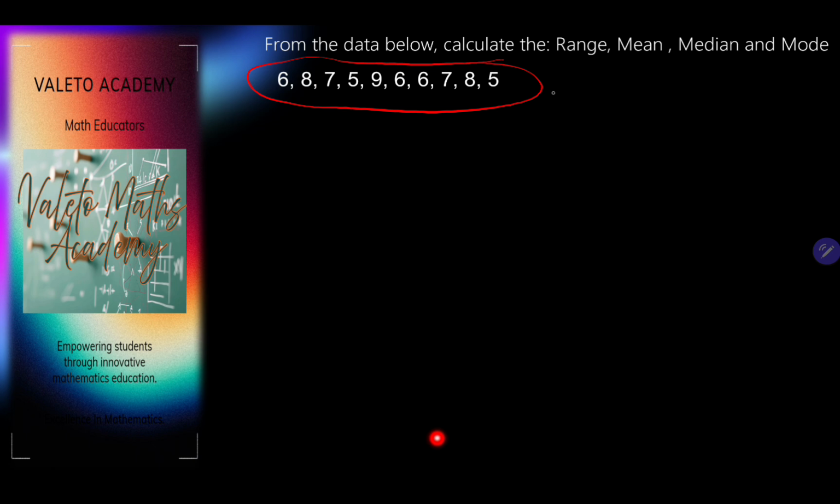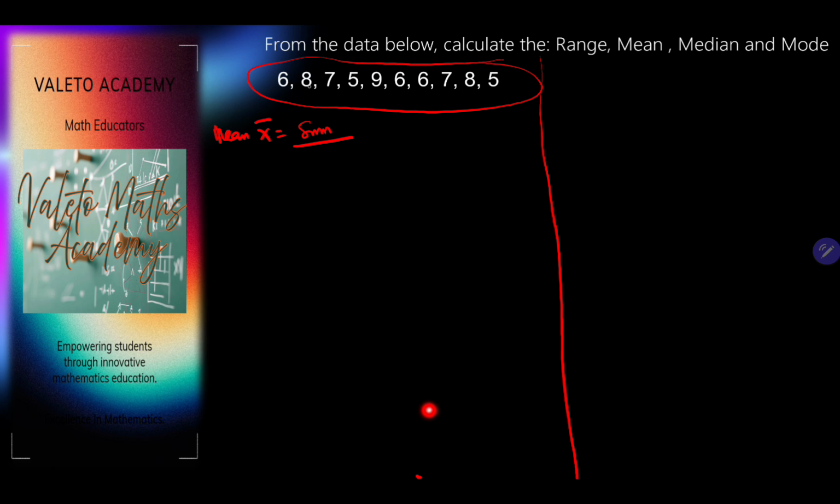If we start with the mean, we could say that the mean, which is represented by x bar, is equal to the sum of the data set divided by the total frequency or the total number of elements in the data set.